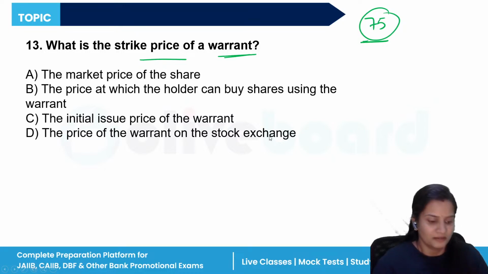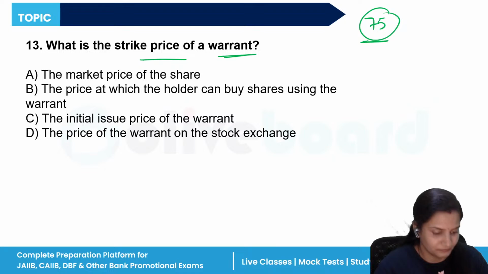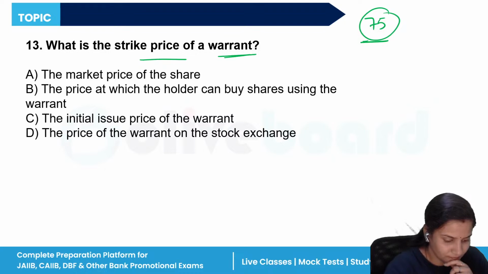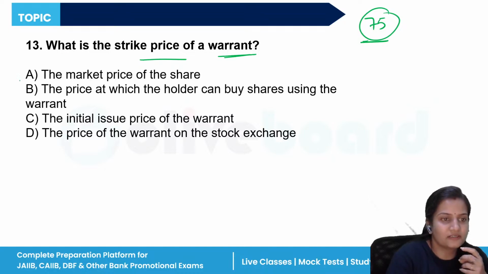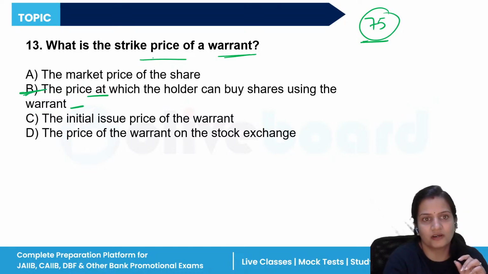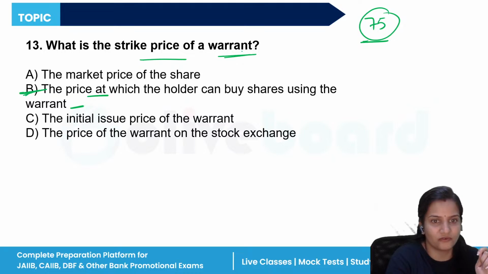Now, tell me the answer of this question. Question number 13. So we have seen just now that the price at which the holder can buy the shares of the company using the warrant is the strike price or exercise price of a warrant.